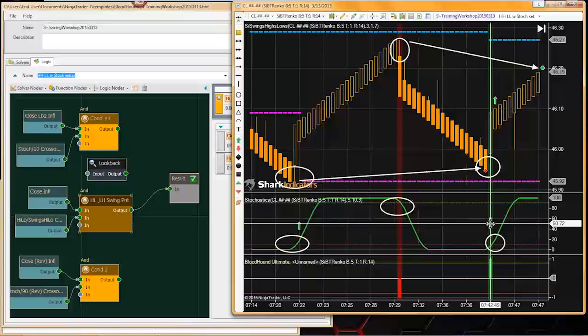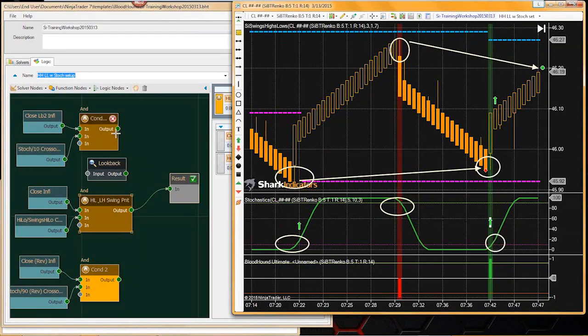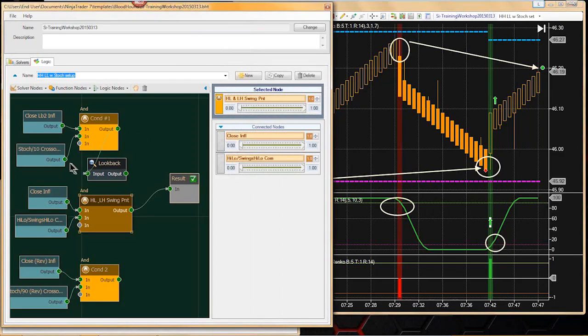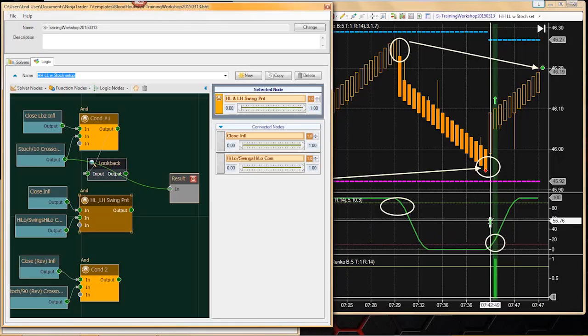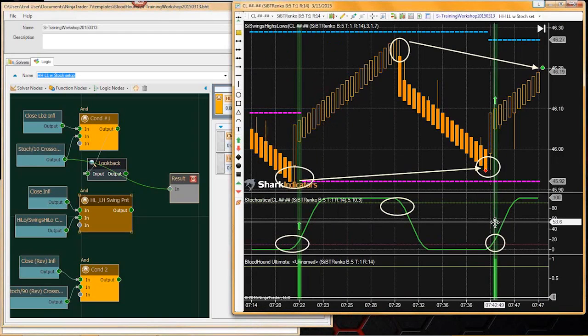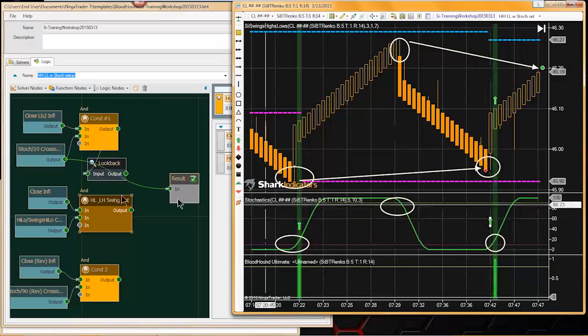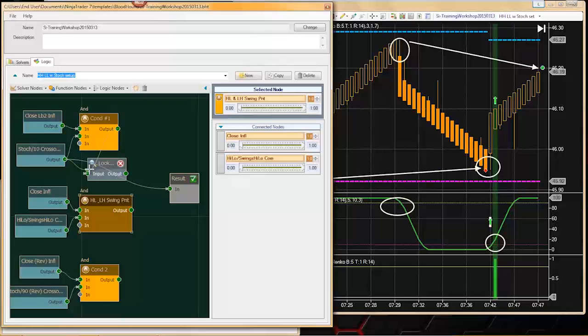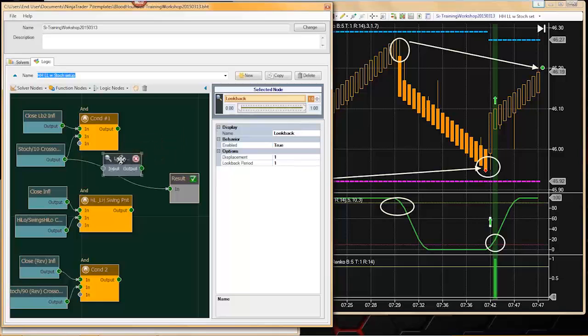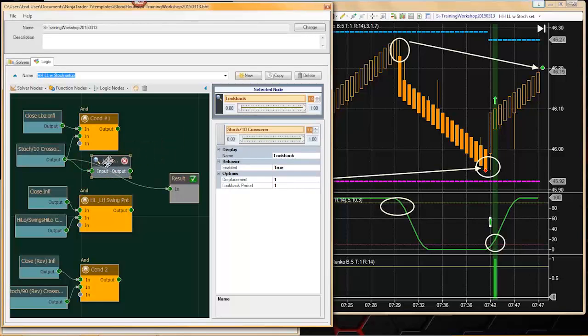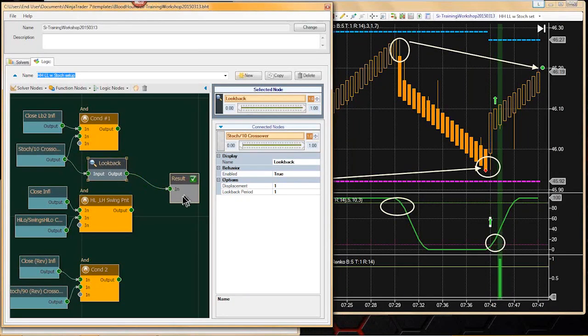So I'm getting the output here, and I need to shift it forward 1 bar onto the next bar forward, right? Which is where the stochastic crossover happens, right? The stochastic crossover happens 1 bar afterwards. So we're going to use this. Let's disconnect that. All right. Plug that in there.